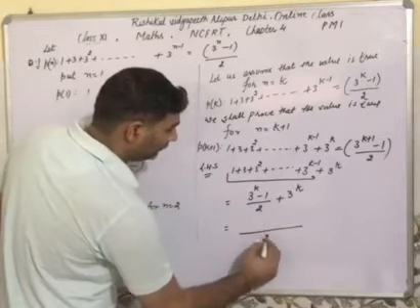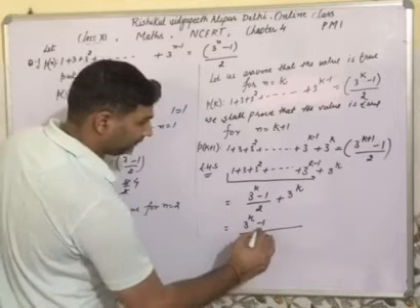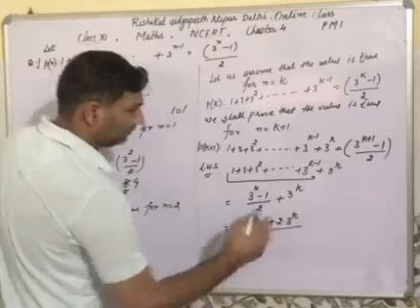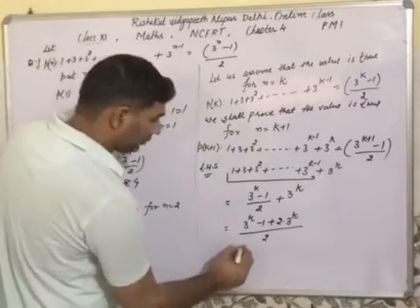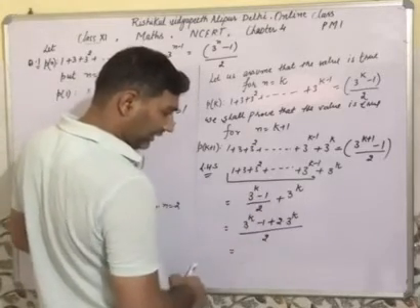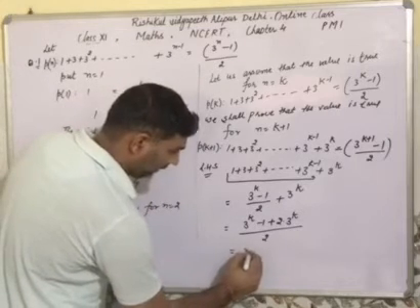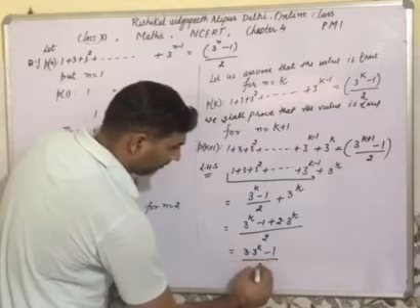LCM is 2, 3 raised to power k minus 1 plus 2 into 3 raised to power k, taking LCM. And then this 2 into 3 raised to power k and 1 into 3 raised to power k, then sum of both term is 3 into 3 raised to power k minus 1 by 2.